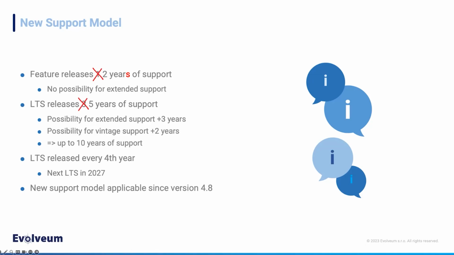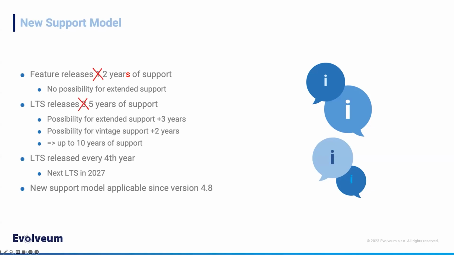This maturity led us to think about the length of the release cycle and the length of the standard support. Therefore, we decided to change the previous half-year release cycle to a 1-year release cycle. New versions coming after 4.8 will be released every autumn, approximately around the beginning of October.